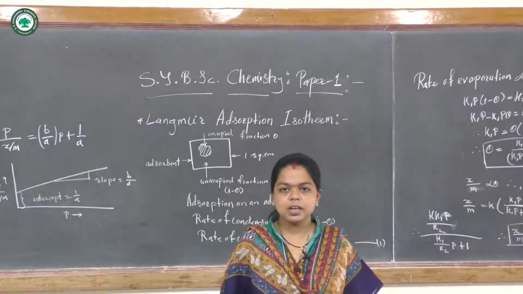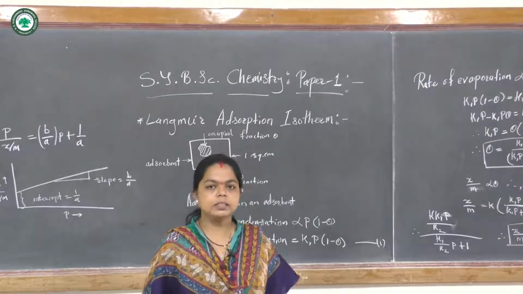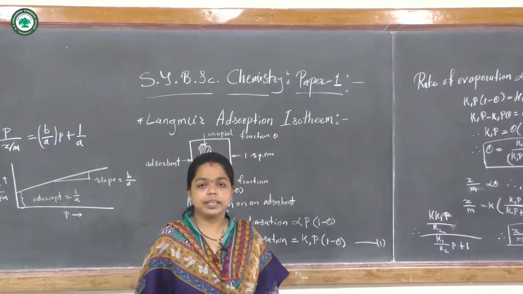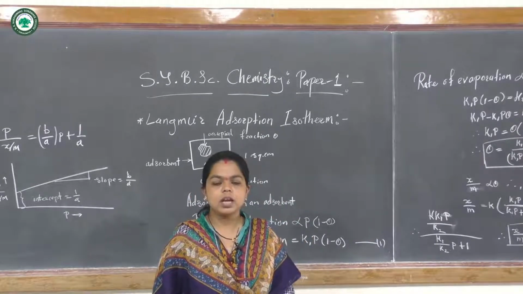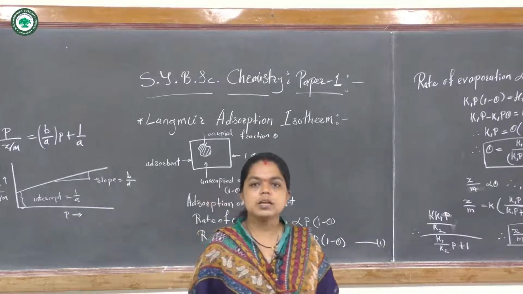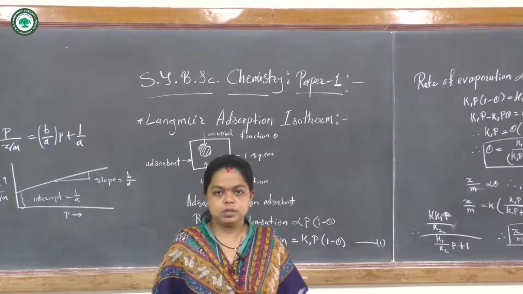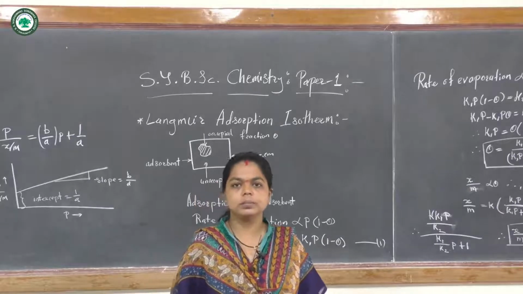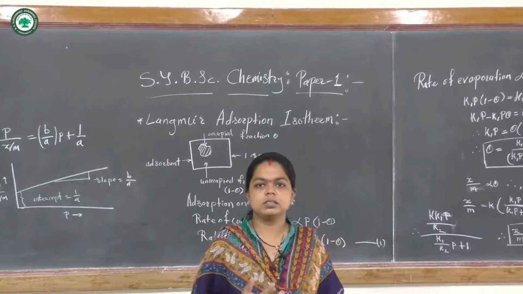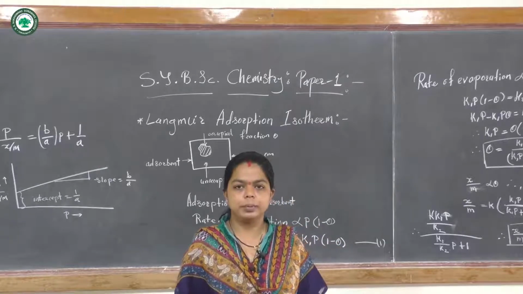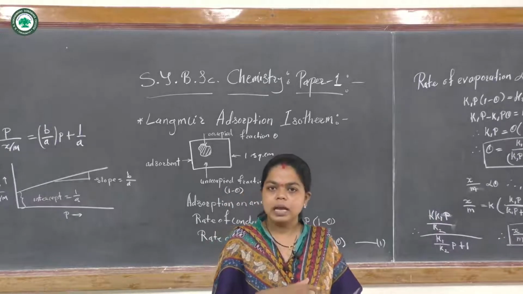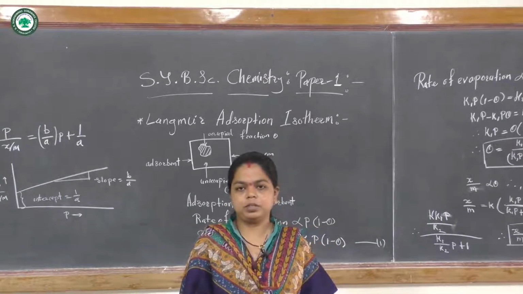The scientist Irving Langmuir, in 1916, studied the different cases of the adsorption process, and depending upon that he gave the assumptions for this theory. So we know that when we consider the gas molecule as the adsorbate, it gets adsorbed on the surface area of the adsorbent material.